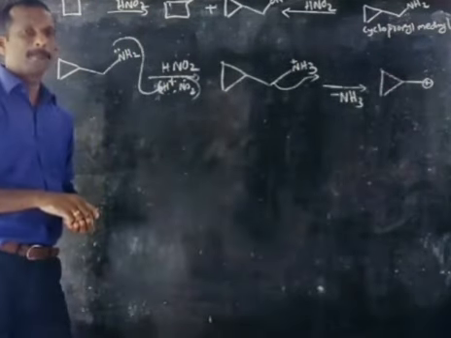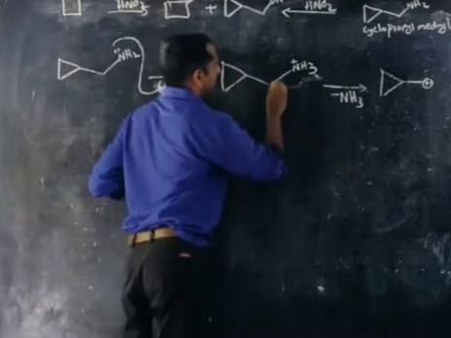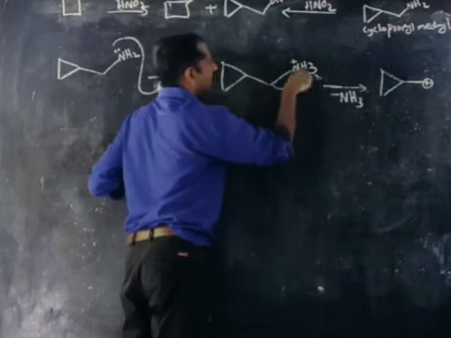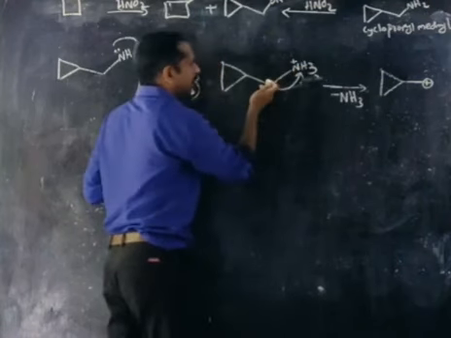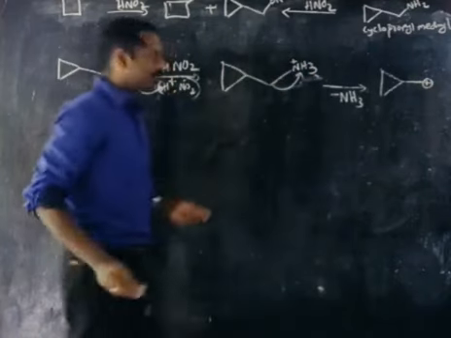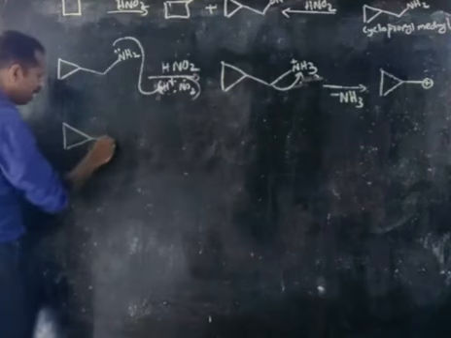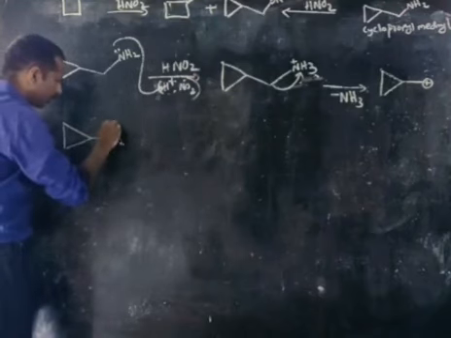Clear? This bond breaks from here. Once again I am writing, this bond breaks, and minus NH3 leaving a positive charge here. That means here it is CH2 with a positive charge.